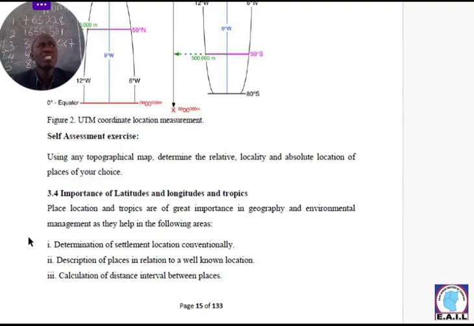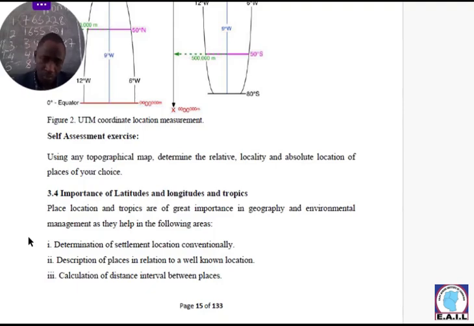So it helps us in the description of places with the idea of what we call the contours. When they are spread, that means that that area lies in lowlands or areas that are not congested.